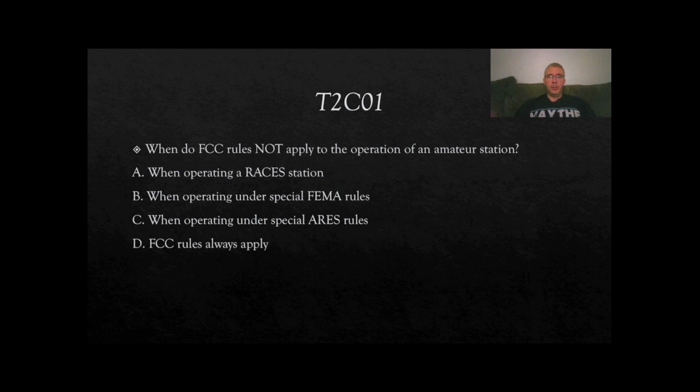ARES is Amateur Radio Emergency Services, a little more general than RACES. Any sort of emergency, community involvement, anything that can help the community, ARES often gets involved with that. It doesn't always have to be an emergency. The key thing here, though, is they have to still follow all the rules, even with FEMA. So the answer is D, FCC rules always apply.